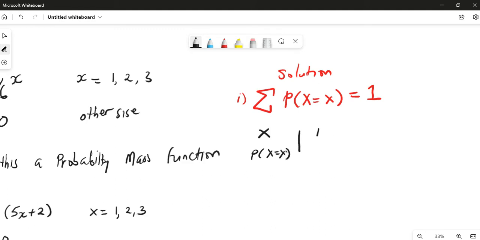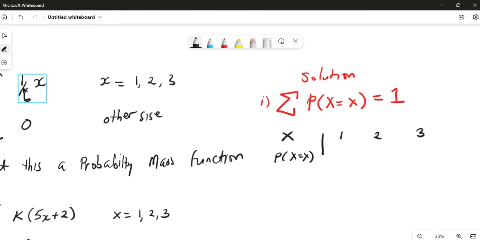So for 1, 2, and 3, let's just solve it on the side. We've been given 1 over 6x. For x equals 1, we substitute this x in this equation to get our value. When x equals 2, we substitute x for 2.